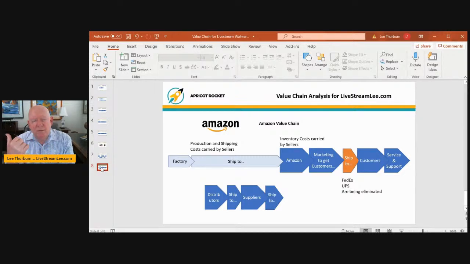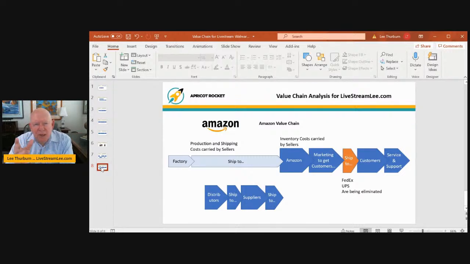They have a fleet of aircraft and they have a fleet of trucks. Now, I think the actual percentage is 25% of the outbound logistics is handled by Amazon's own fleet of vehicles. They have dramatically reduced their reliance on FedEx and UPS to deliver. Now, they have slightly increased their reliance on the United States Postal Service, but that's probably primarily because for non-urgent deliveries, that's the least expensive way to get them out, as well as to some rural locations that Amazon can't conveniently deliver to.